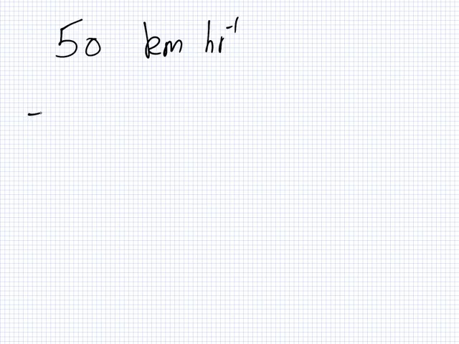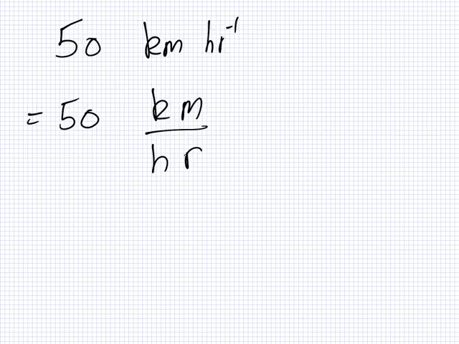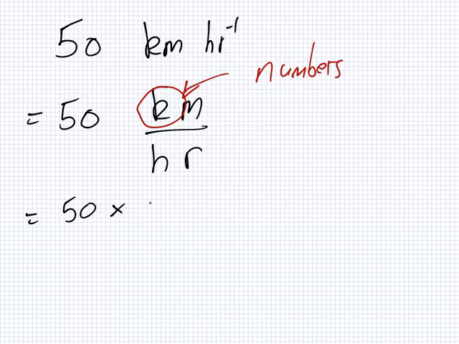Okay, so we start off by writing down what we have. 50 kilometers per hour, which as a fraction is 50 kilometers over hours. Now, the way I think about these is prefixes. These are just like numbers. So for example, you can change this into 50 times 1,000, because I said kilo is 1,000, over meter, over hour.